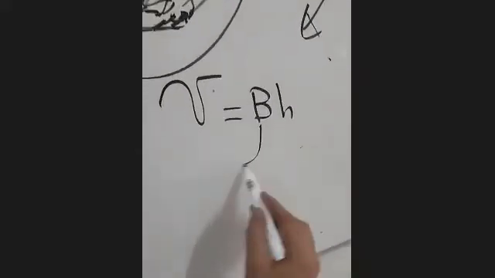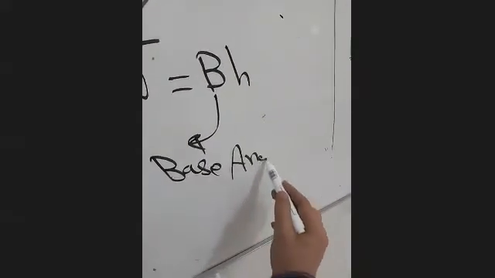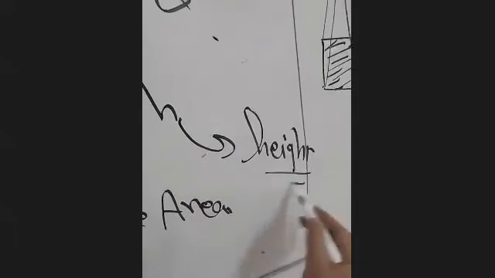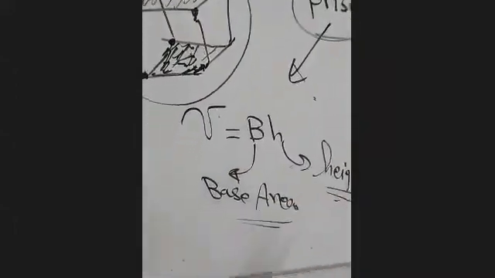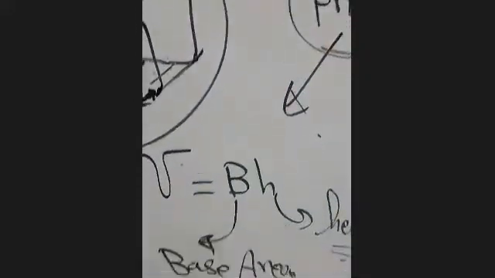The big B is the base area. And H is the height. So to find the volume of any prism, you go to the base, the floor, find its area, then multiply by the height of the prism.